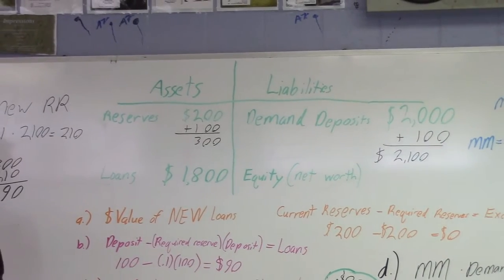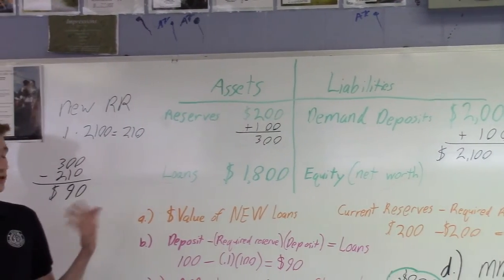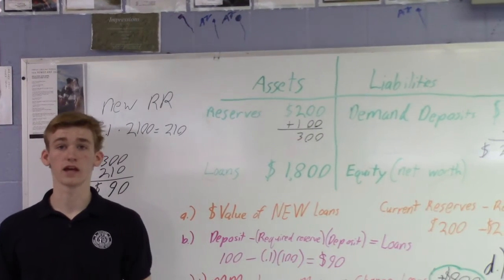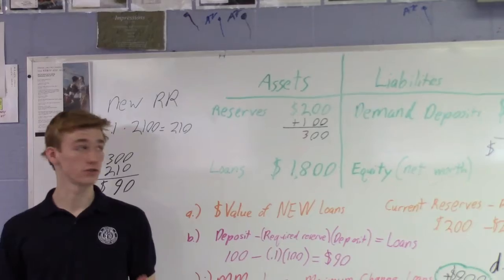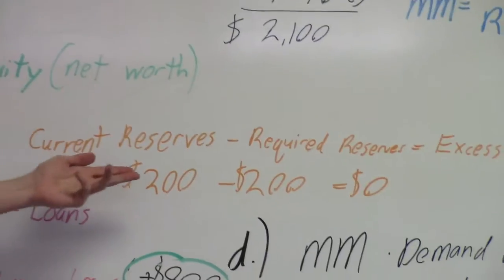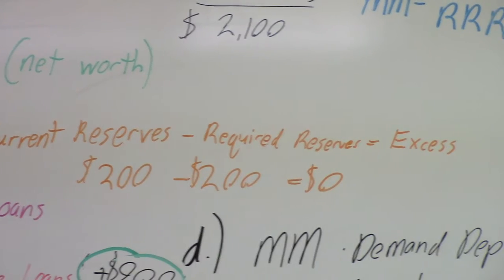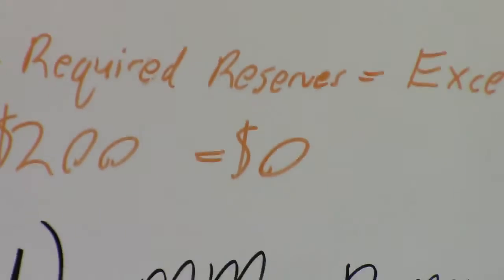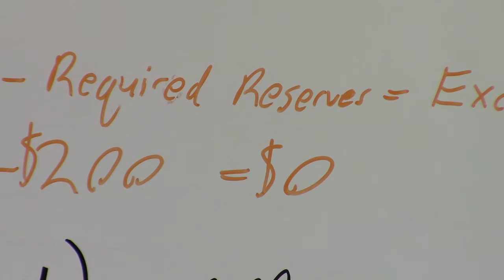So 10% or 0.1 times $2,000 is $200. So the required reserves at this time are $200. You take the current reserves, 200, minus required of 200, and that is equal to 0. So First Superior Bank cannot make any new loans at this time because they're entirely lent out.